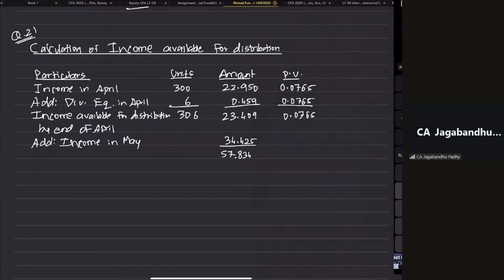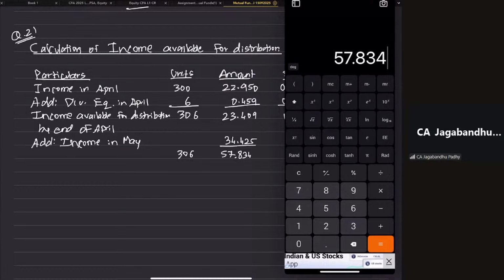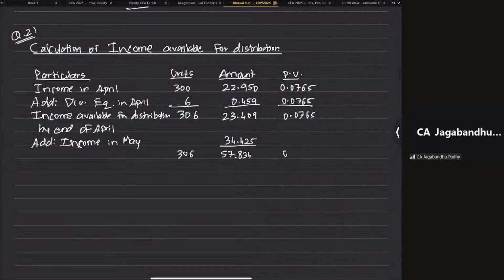And this is going to accrue to how many units? 306, right? On a per unit basis, 57.834 divided by 306 is 0.189.